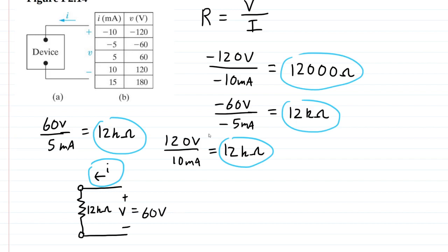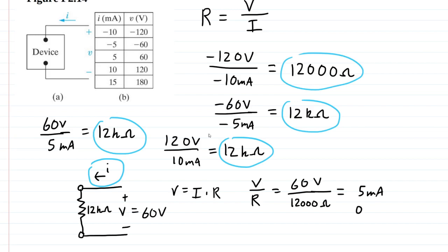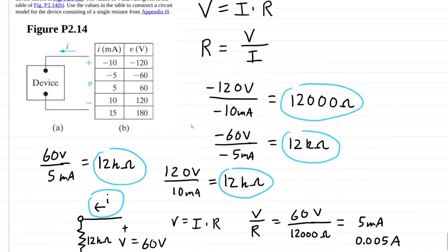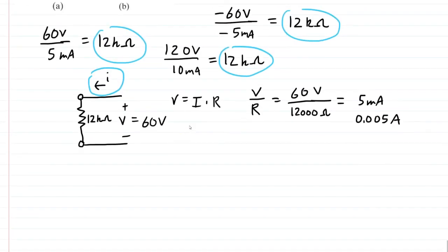Remember V equals I times R. To find I, we do V divided by R, which is 60 volts divided by 12,000 ohms. We end up with a current of 5 milliamps, or 0.005 amps. They are equivalent. So we have successfully modeled the device.